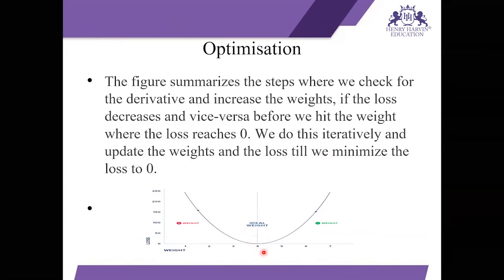At this place the loss reaches zero, because we are very much aware that in the previous case it was actually y is equal to 4x. When you consider the relationship y is equal to 4x, definitely the error is going to be 0.